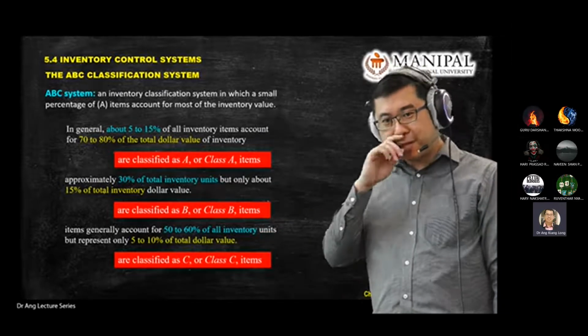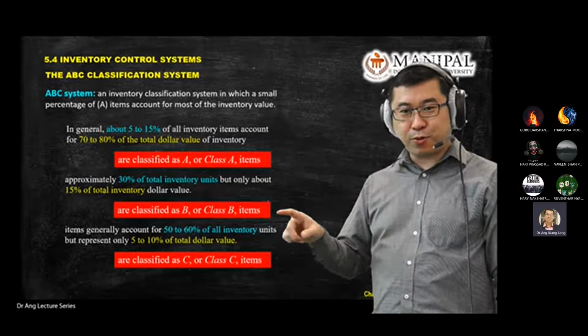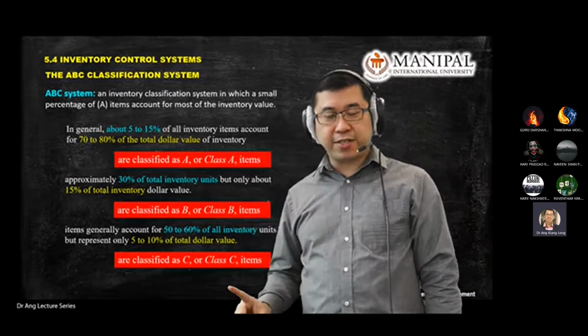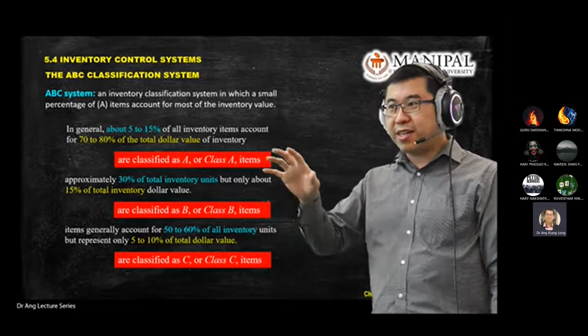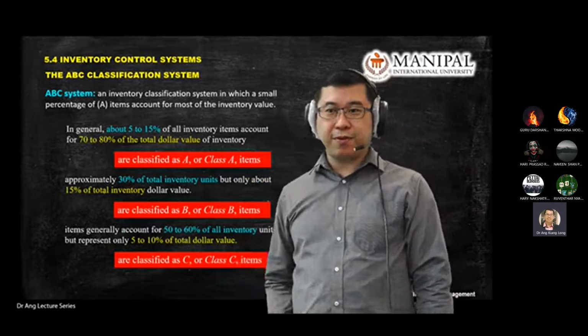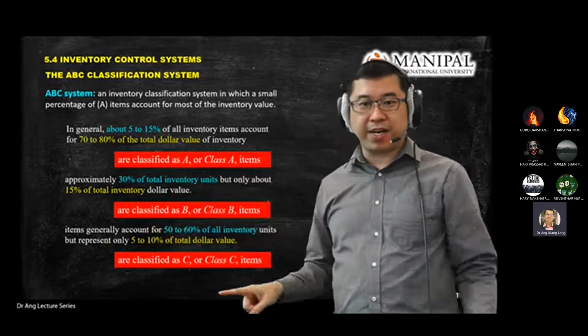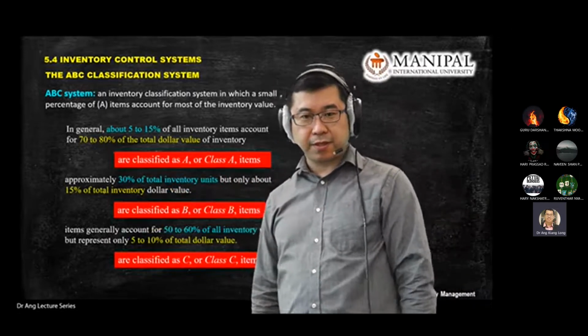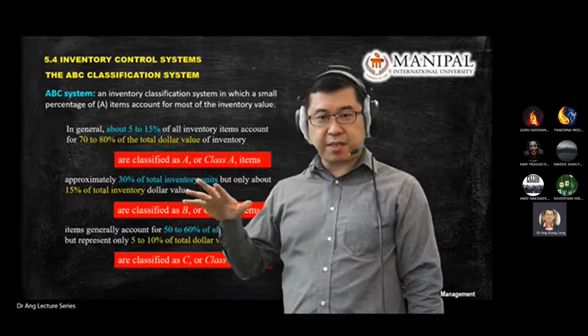But if you compare A and C, if you walk into your store, the item is cheap or low value, but you see a lot of them, it falls under class C. Okay, B is in the middle.